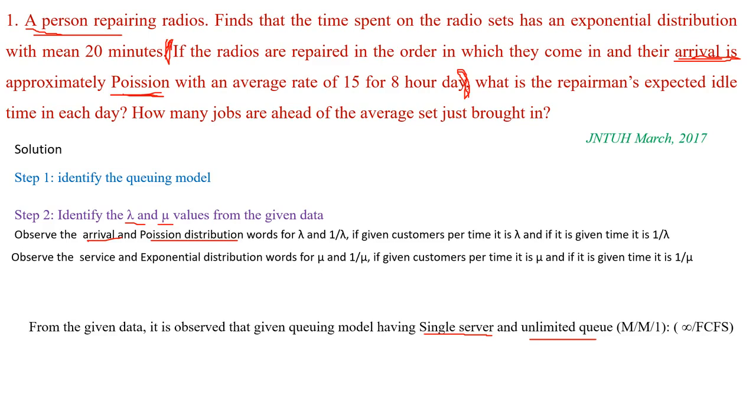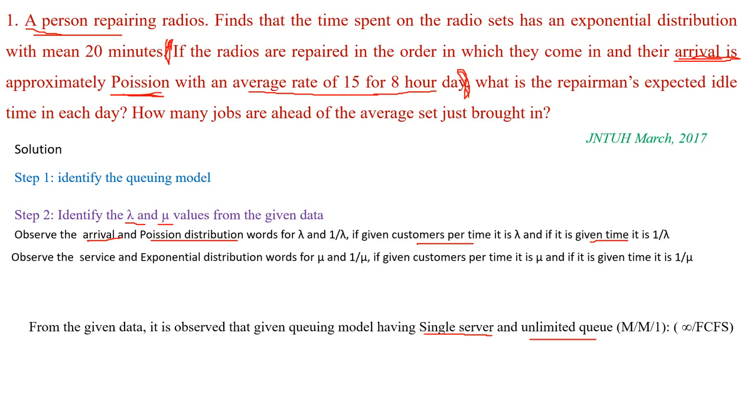Then I have to observe whether it is given as customers per unit time or only as unit time. In this sentence, it gives an average rate of 15 per 8 hours, so it is nothing but customers per unit time.